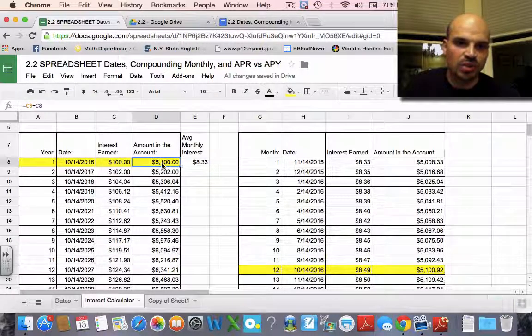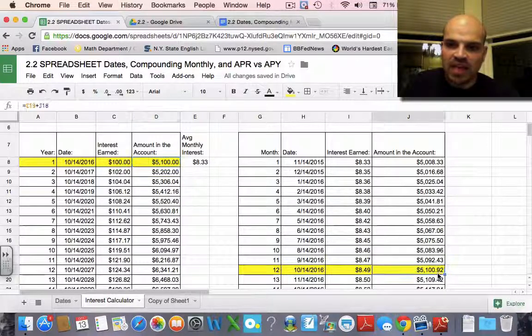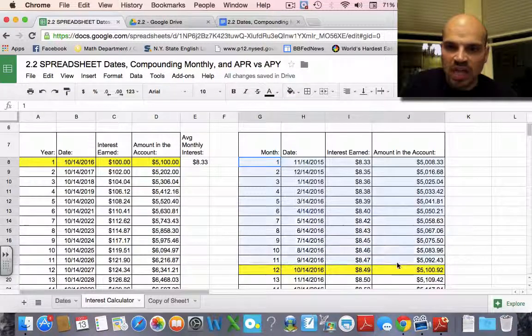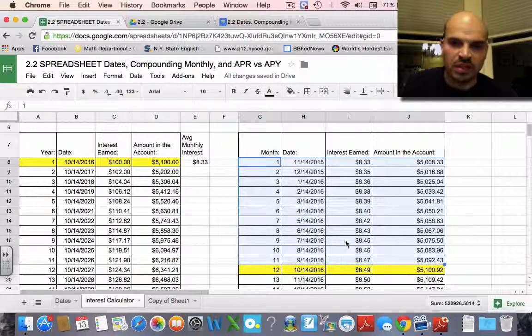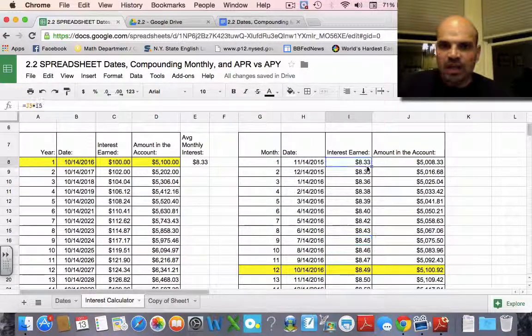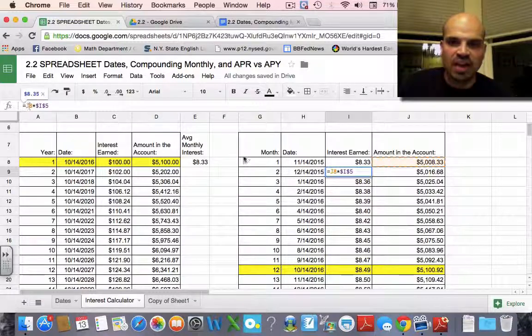So I originally started with $5,000, and doing it the first way I ended up with $5,100, and the second way I ended up getting $5,100.92. Well, the reason why is because I have 12 times of earning interest here. So if I look at this calculation, this $8.35, where did it come from?